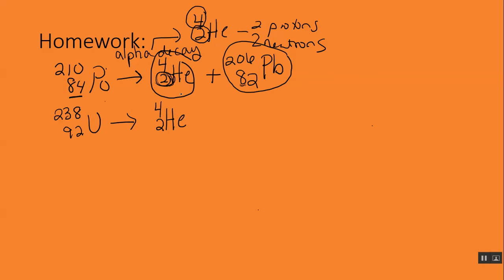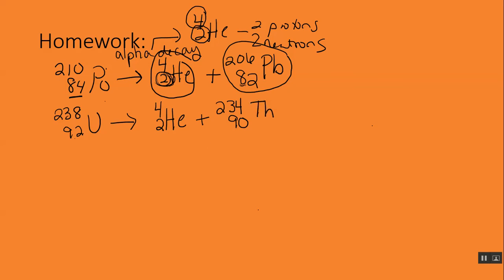So let's talk about mass. If we gave off a mass of 4, we now have a mass of 234. We gave off atomic number of 2. We now have an atomic number of 90. And again, we can find it on the periodic table, and element number 90 is thorium, Th.